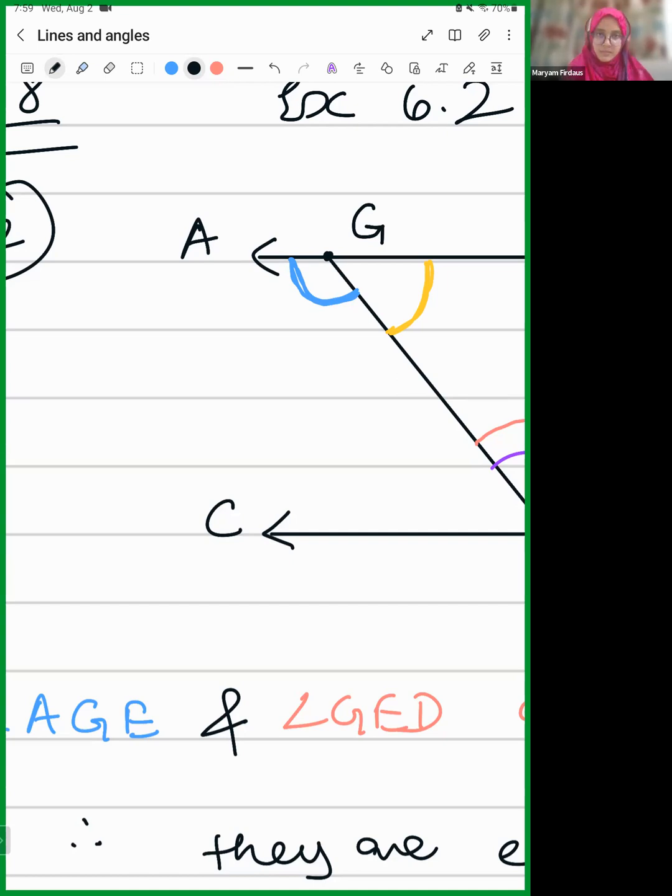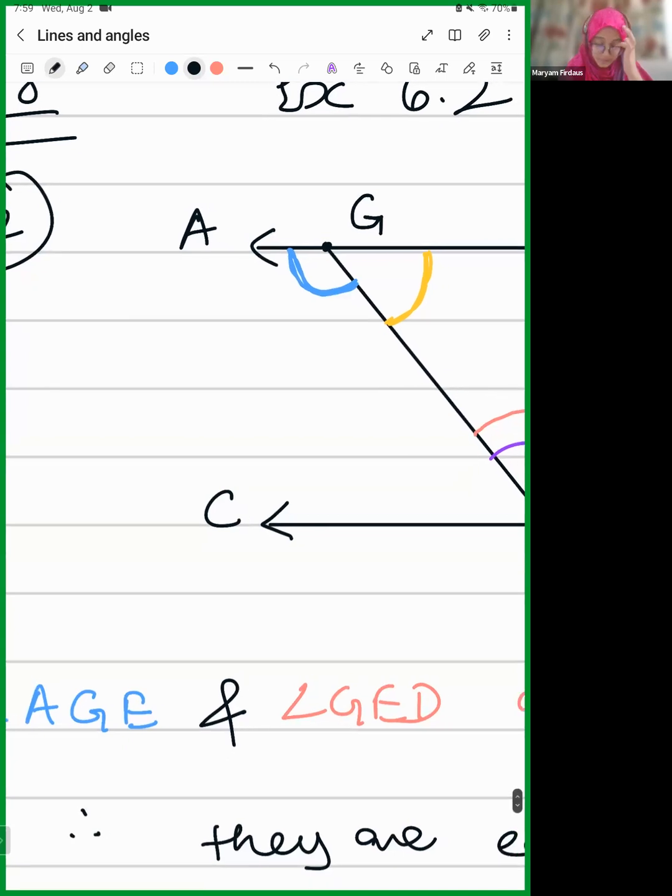It should be 180 degrees. The orange angle should be 180, or what should be 180? A and G. But say A and G are points.